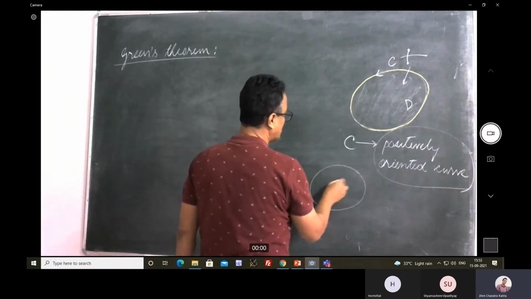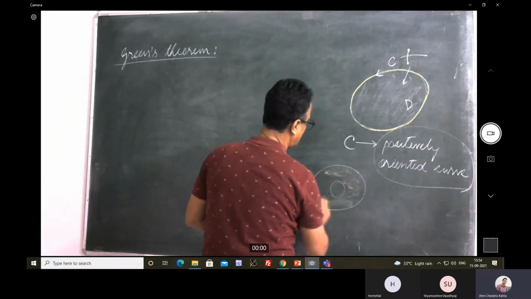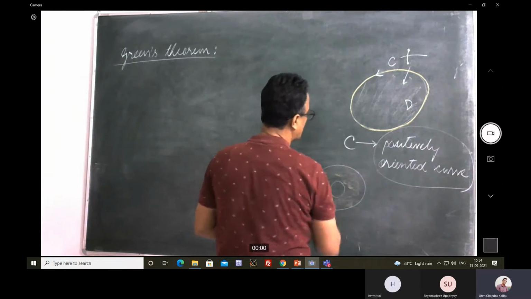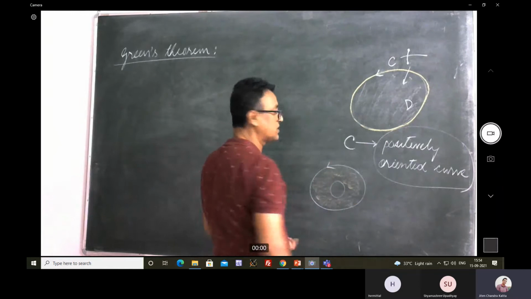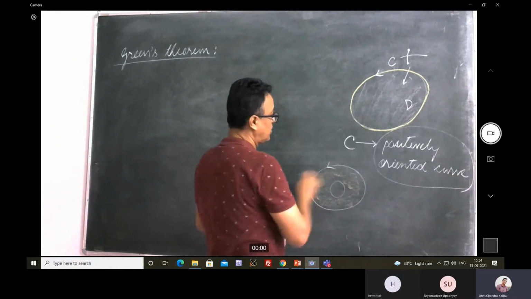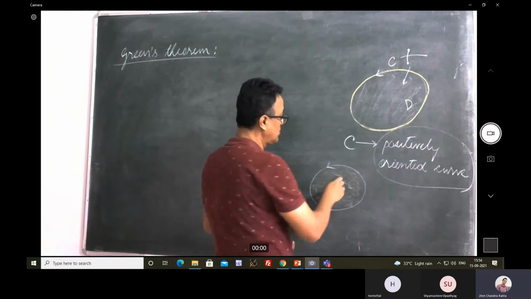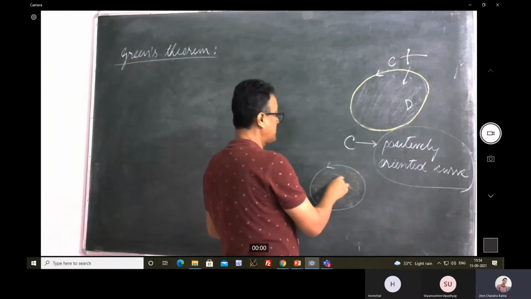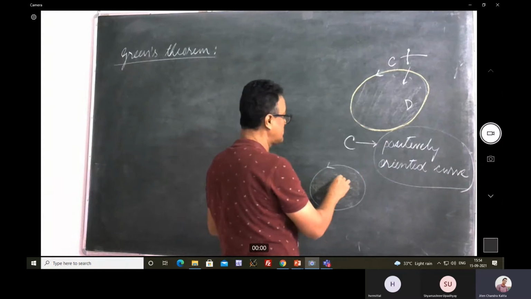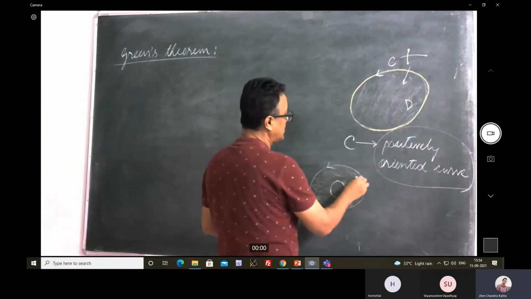So I will come to that later on. Say suppose I am considering a region bounded by two curves. For the outer curve it is fine. But if I consider the inner curve, then what is going to happen?